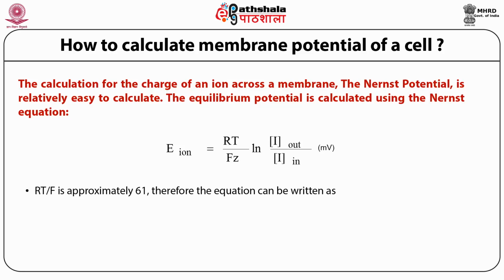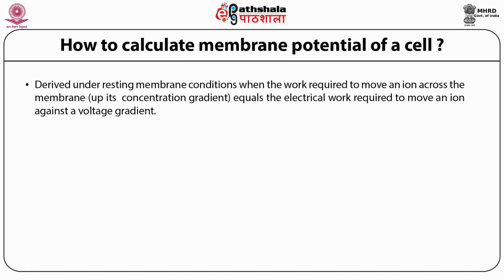Therefore, the equation can be rewritten as below. It is derived under resting membrane condition, when the work required to move an ion across the membrane, meaning up its concentration gradient, equals the electrical work required to move an ion against a voltage gradient.